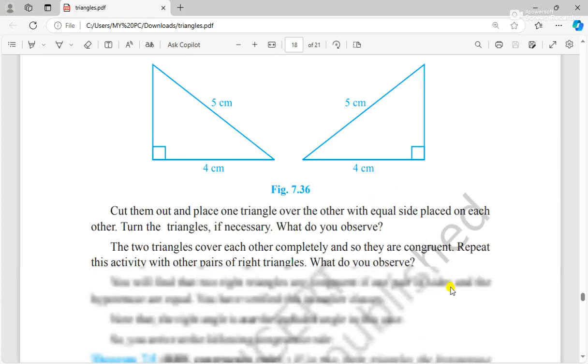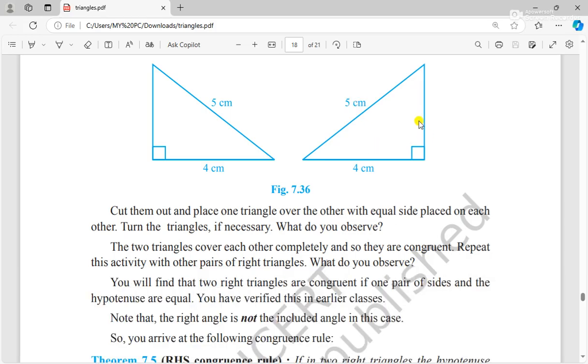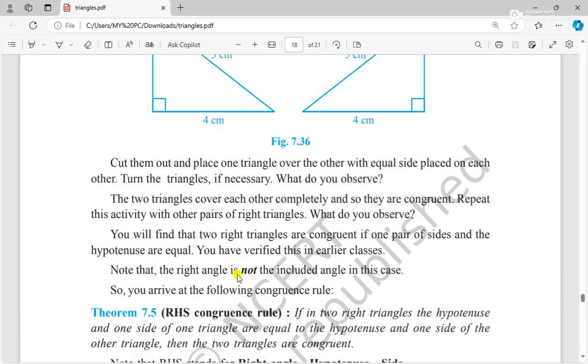That means by RHS, right angle hypotenuse side, the two triangles are congruent to one another, right? Congruent to one another. But you can see here that their two sides are equal, and if this side is also equal to this side, then the two triangles are congruent, right? Note that the right angle is not the included angle in this case.